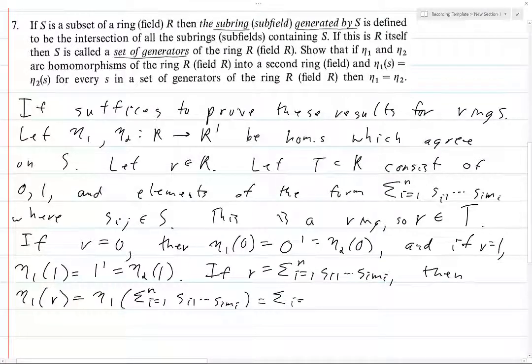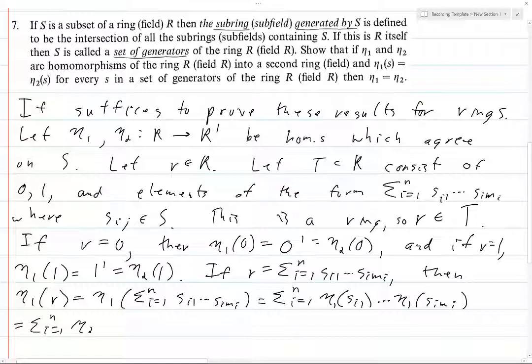We bring the eta inside, and we have eta 1 of s_{i1} through eta 1 of s_{i m_i}, but eta 1 and eta 2 are equal on elements of S, and so we can replace these with eta 2. And this brings us back to eta 2 of r, because you just go backwards the same way we did. Hence, eta 1 equals eta 2.